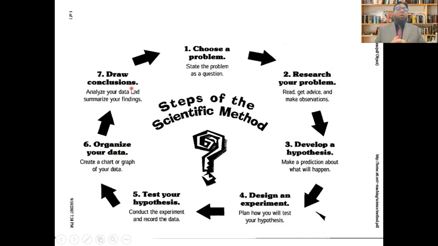And seventh, draw conclusions: what is the result? After the experiment, which hypothesis is justified? This is our conclusion basically. These are the steps of the scientific method, in a summarized way. You can just read it.